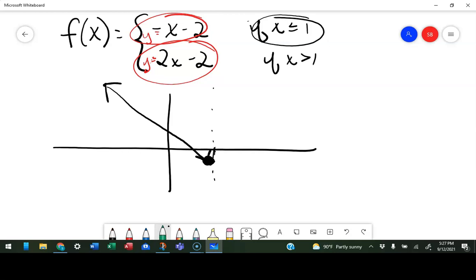So for this one, after 1, I have a slope of 2. And so he is going to move in an upwards motion. And really, I'm just making a sketch because I don't know what's going on. So at 1, he will have an open circle, and then he'll move in an upwards direction. So I should be moving downwards with a filled in circle, then upwards with an open circle.